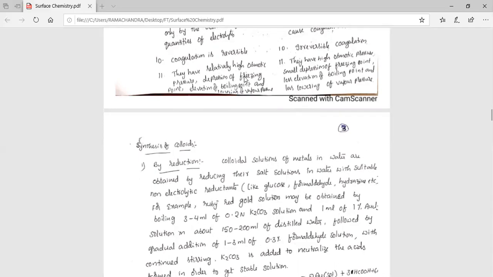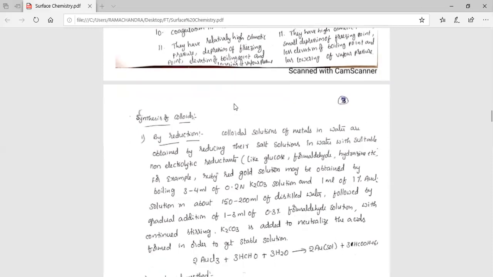So these are some of the differences between the lyophilic and the lyophobic solutions.